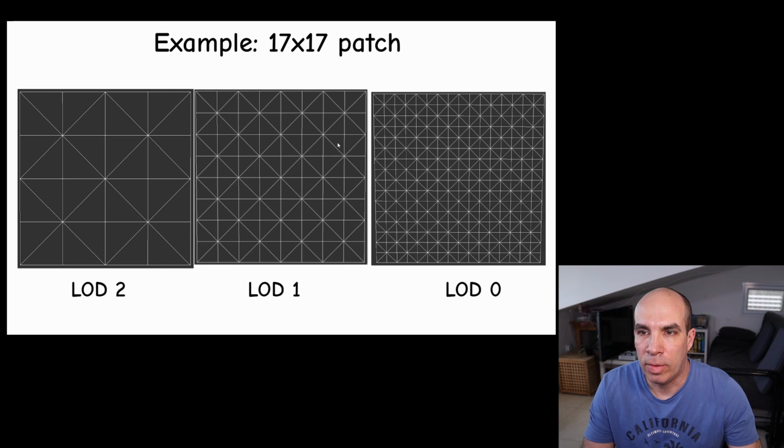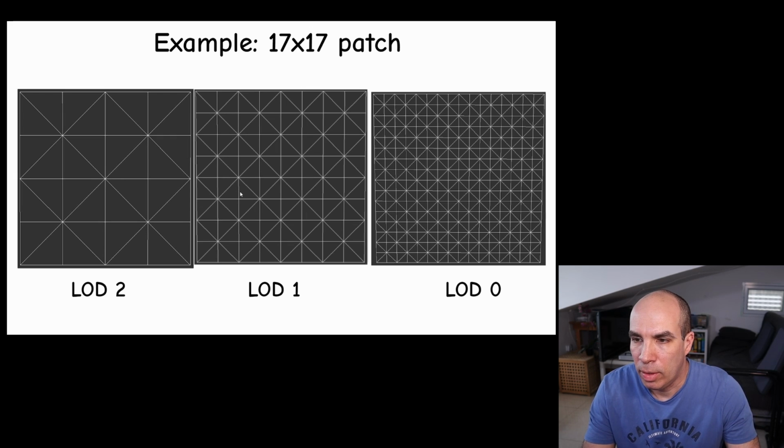And here we can see a 17 by 17 patch. We have LOD0 next to LOD1, next to LOD2, and we expect the problem to be along the shared edges right here because we have an extra vertex here that we said that we're going to drop. And also on this side, there is always 1 extra vertex that we need to drop on the higher LOD side.